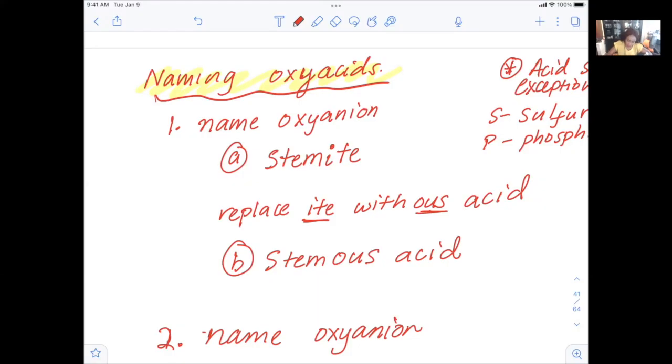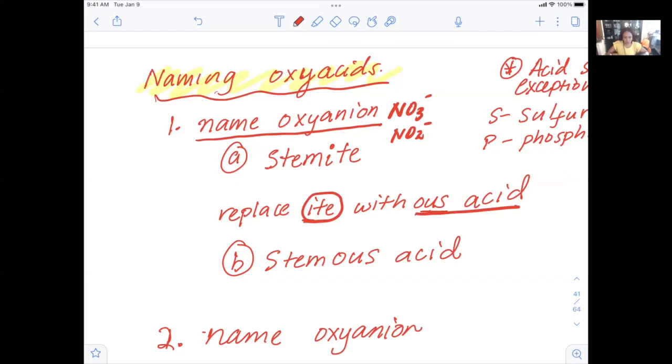So saying here, in naming the oxy acid, number one, you're going to name the oxy anion first. So if you've forgotten what the oxy anion is, this would be like nitrate, nitrite. The ones that end with ate and ite, you will name those first. And then once you name those, you will replace the ite part of their name with ous acid.